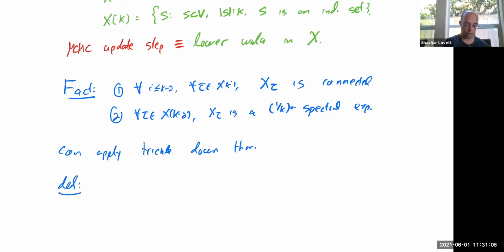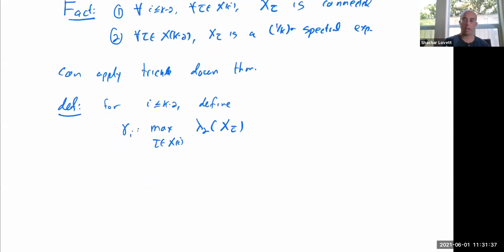For i at most k minus 2, define gamma i to be the maximum lambda 2 of X tau over all tau in Xi, so all the i faces. Before, when we talked about local spectral expanders, we went over all possible faces in the complex and asked which one is the worst expander.